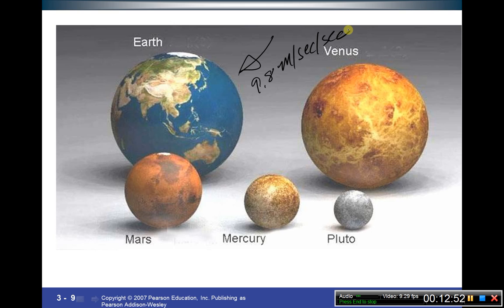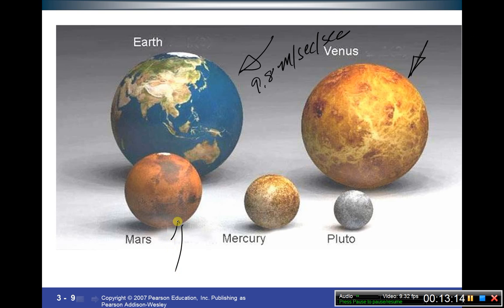And because the gravitational constant is directly proportional to the mass of the planet, you can see Venus would have a gravitational constant somewhat less than 9.8.